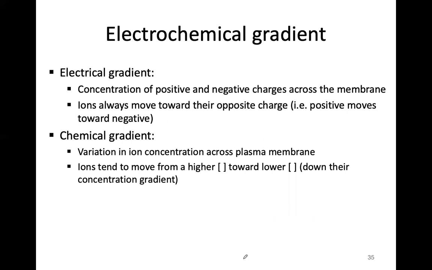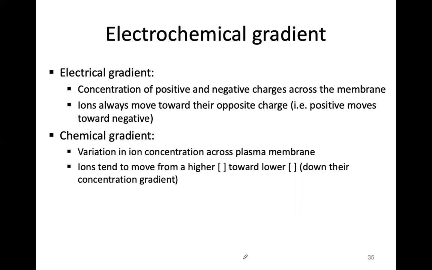Now, again, looking at this in a little more detail, electrical gradient, what is that exactly? It is the amount or concentration of positive as well as negative charges that are found across your membrane. So always remember, if you have a positive and negative, they're going to be attracted to each other, right? Opposites attract.